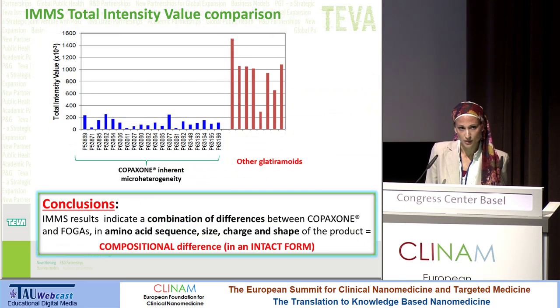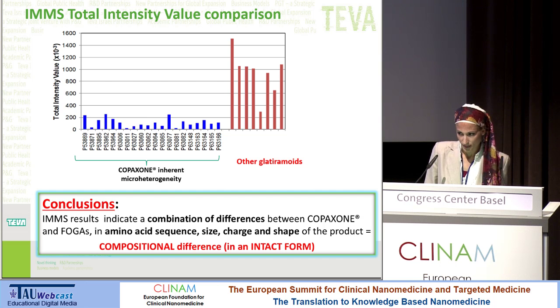And then if we look at the TIVs of all these comparisons, what you see in blue on the left are 20 different batches of Copaxone, all showing a minimal total intensity value range, which again represents microheterogeneity within the compound.